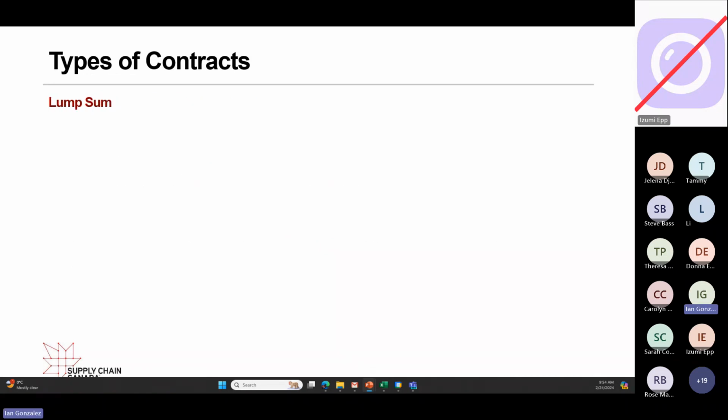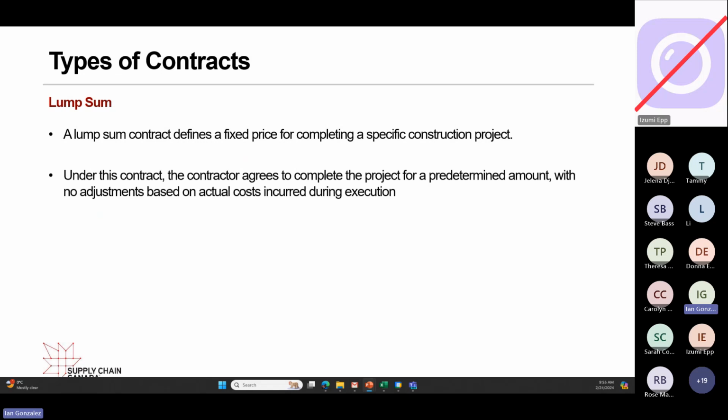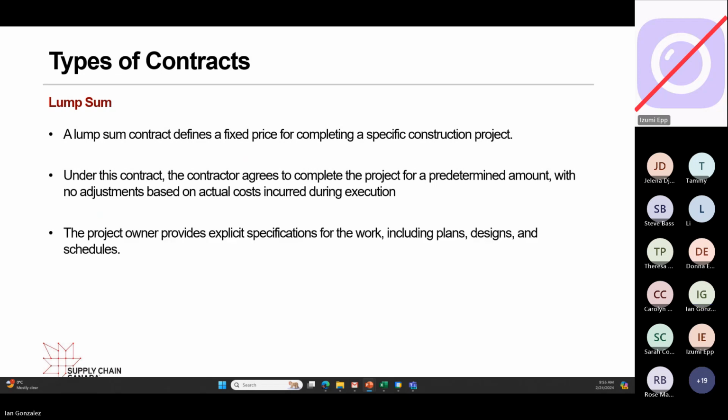Okay, and the third type, lump sum. A lump sum contract defines a fixed price for completing a specific project. Under this contract, a contractor agrees to complete the project for a determined amount with no adjustments based on actuals. The project owner provides explicit specifications for the work, including plans, design, and schedules.